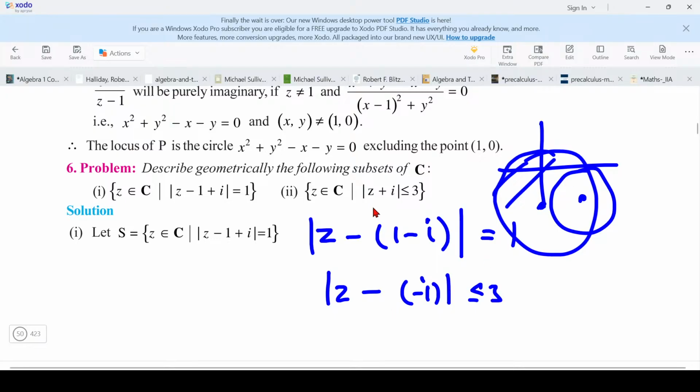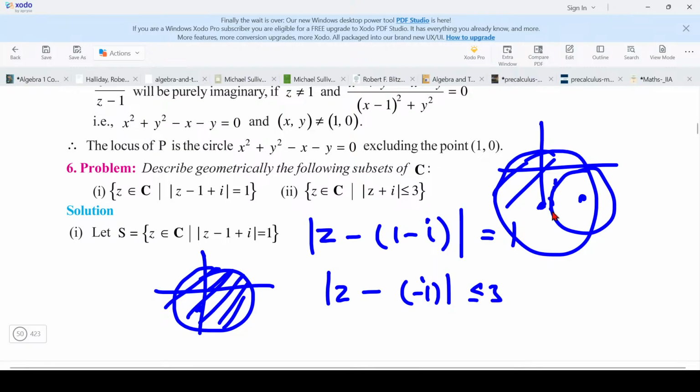Okay, so z plus i modulus is less than or equal to 3. What does that mean? Z minus minus i, modulus of this is less than or equal to 3. That means this is again a circle, minus i is the center. This time less than or equal to 3, that means this time it's a disk. Earlier, it was just the circumference of the circle. Understood? Yes, sir.